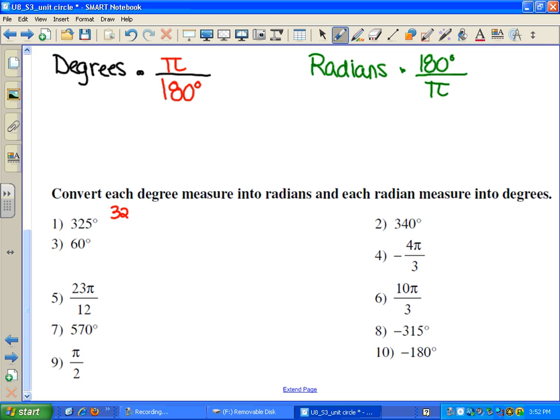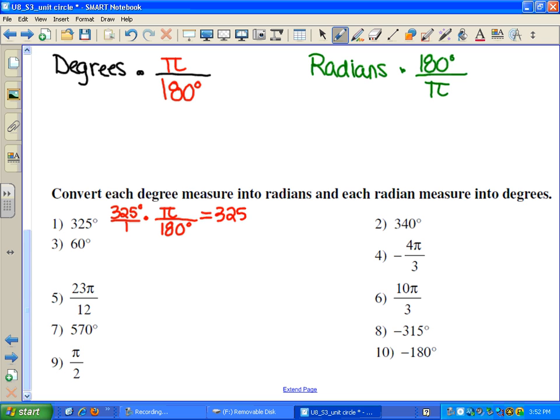So I have 325 degrees, and I have to convert it to radians. Well, since degrees are on top, and I can write 325 as a fraction over 1, in order to get it to cancel, I need to put degrees on the bottom. So I'm going to put 180 degrees on the bottom, and I'm going to put pi on top. Now when we multiply fractions, we take top times top and bottom times bottom.